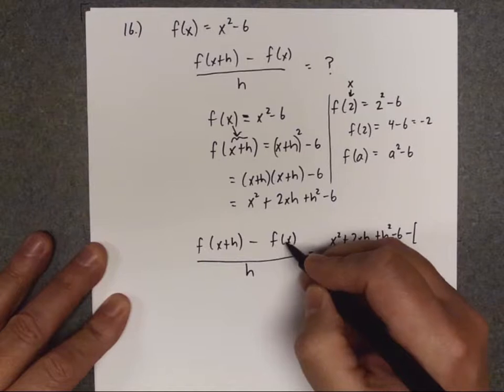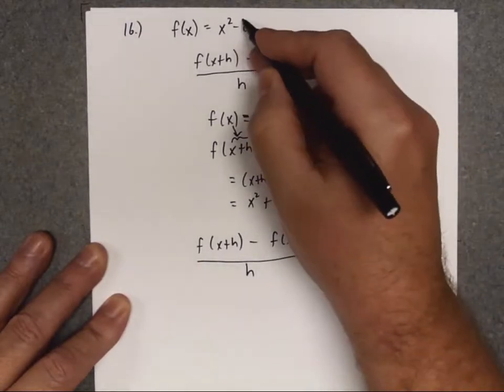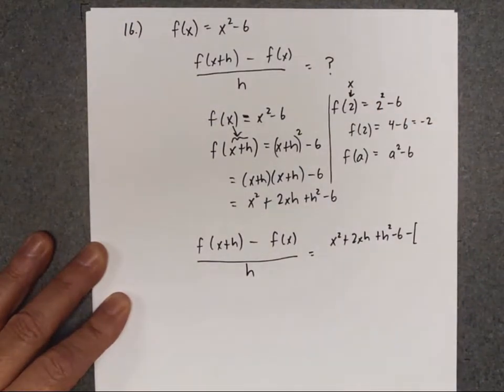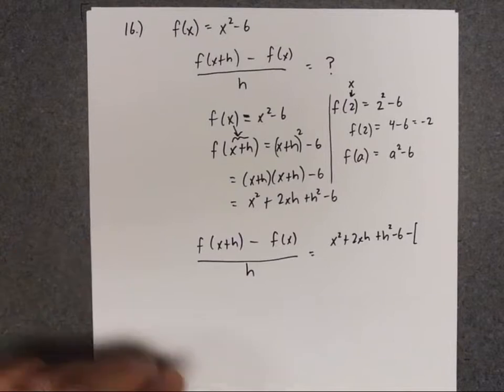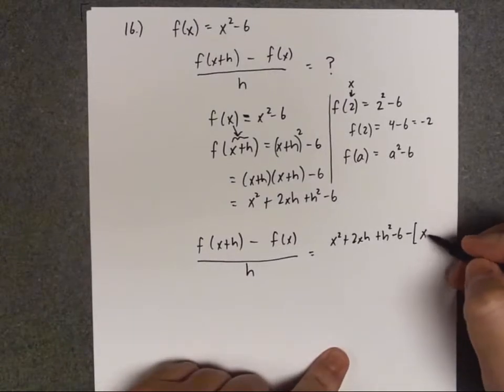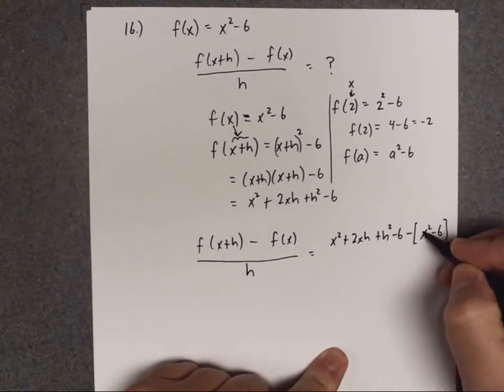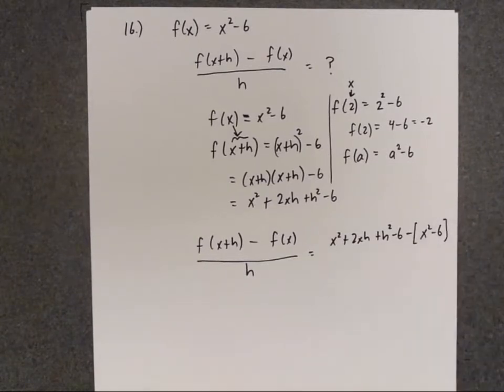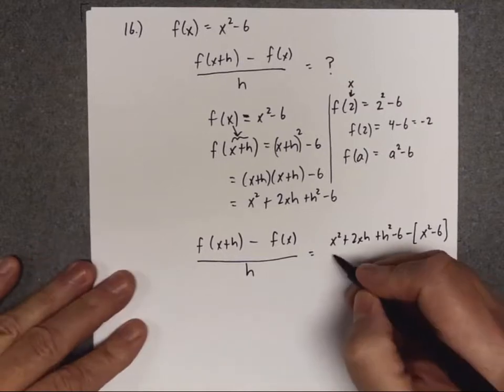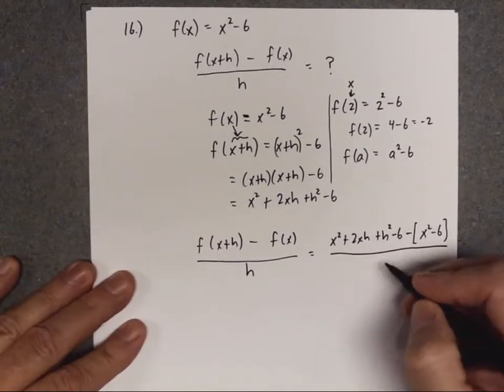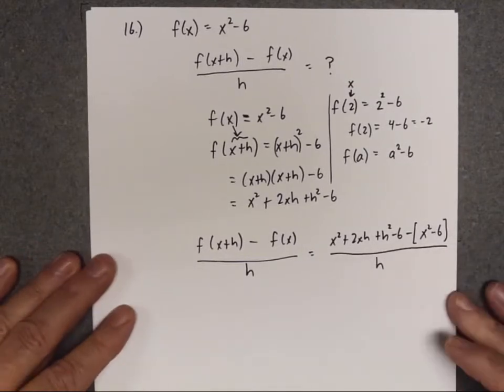So now I just write f of x. f of x is just what I started with. The reason I put it in brackets is because I have to be careful this minus sign gets applied to all the terms inside. And all this is over h.